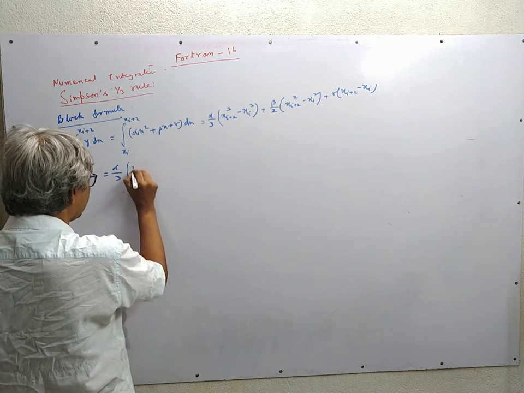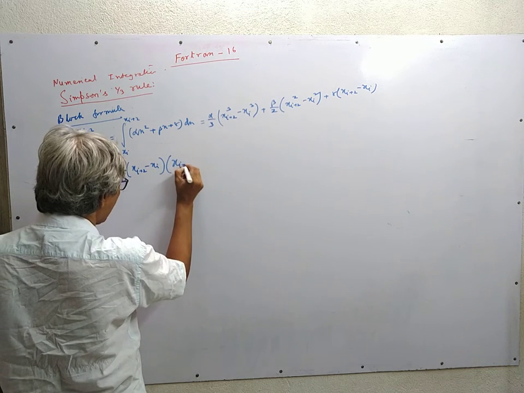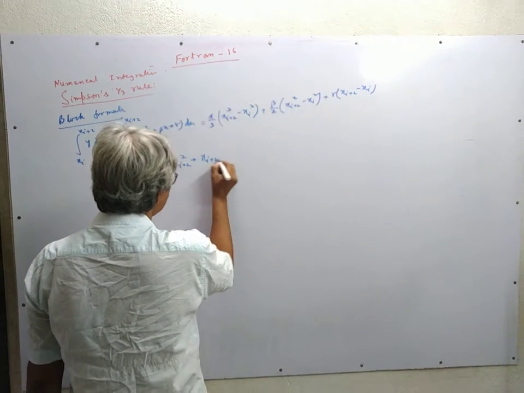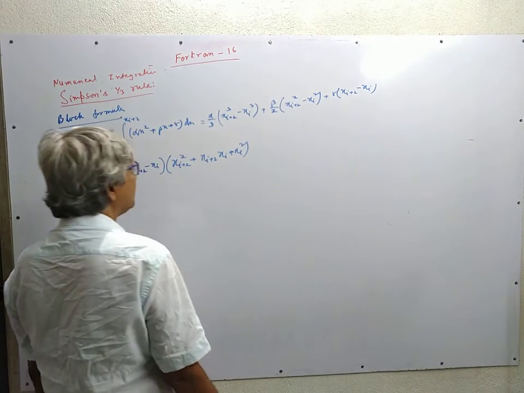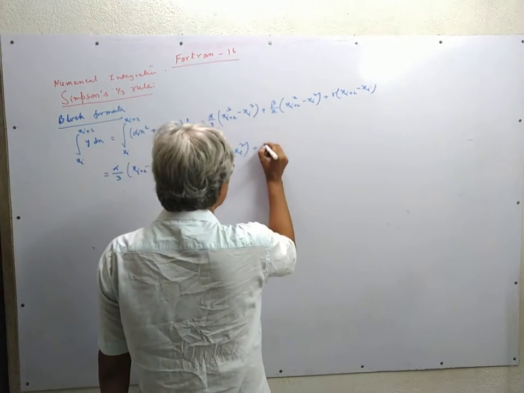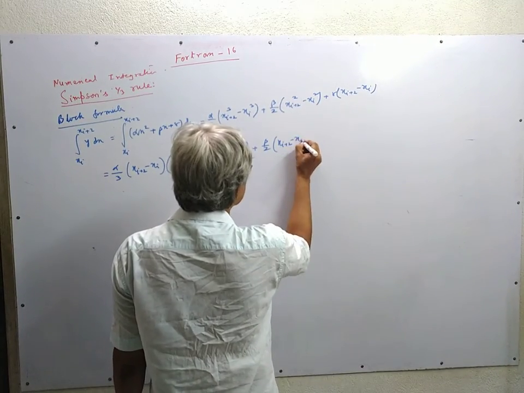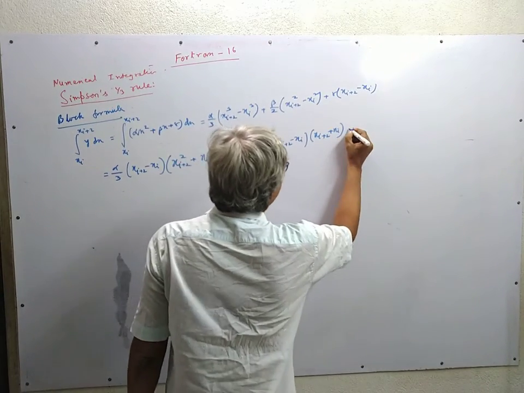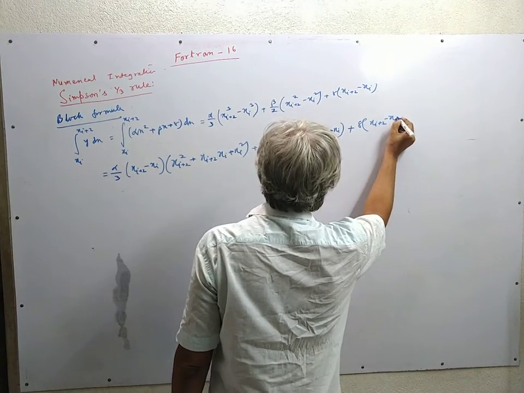For this part we write (xi plus 2 minus xi) times ((xi plus 2)² plus (xi plus 2) xi plus xi²). We have used the formula of a cube minus b cube. Plus beta by 2 (xi plus 2 minus xi) into (xi plus 2 plus xi), plus gamma (xi plus 2 minus xi).